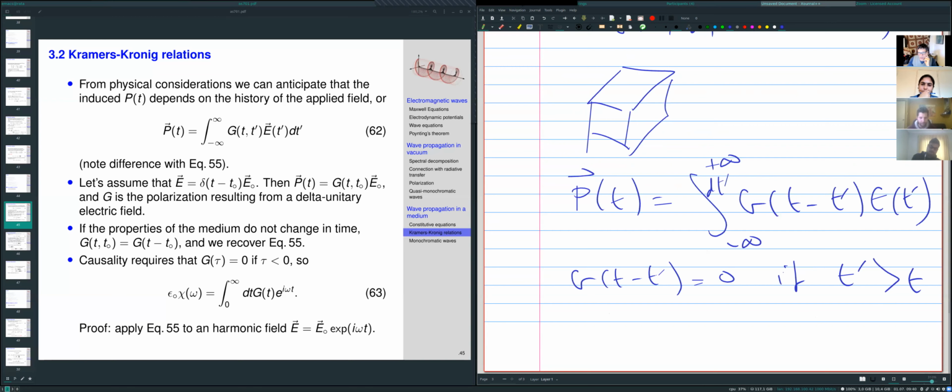So let's change variables: G of tau is 0 if tau, which is t minus t prime, is less than 0.